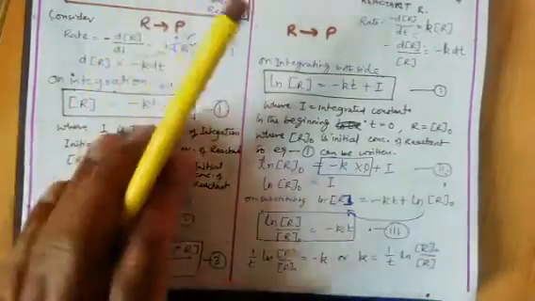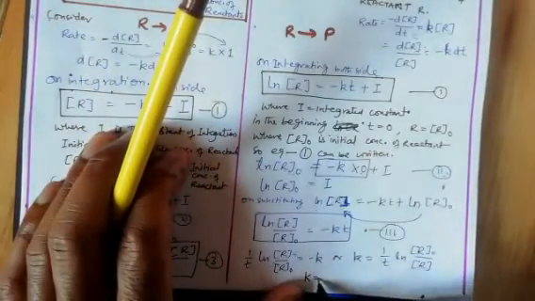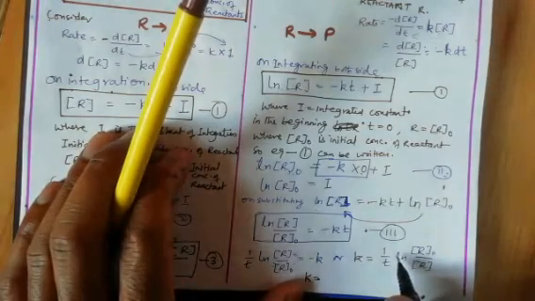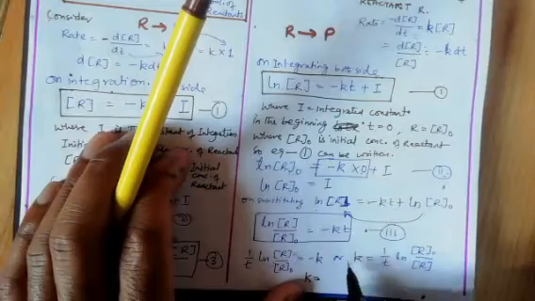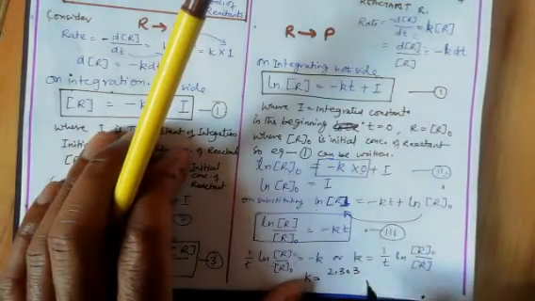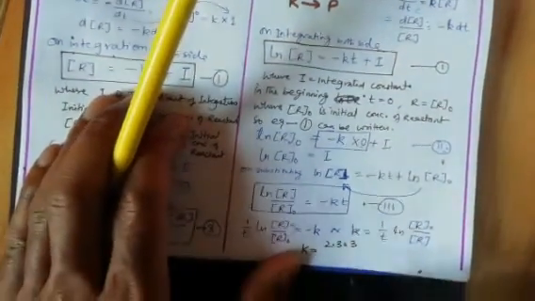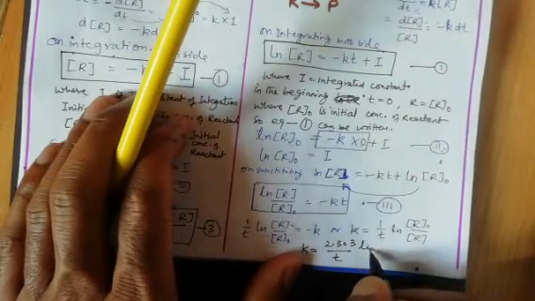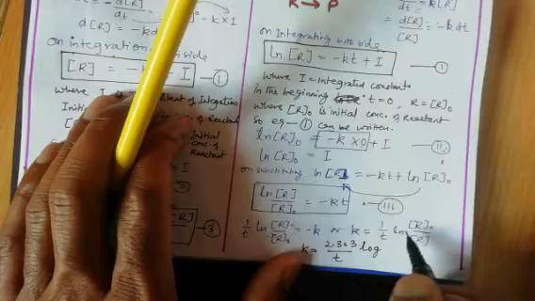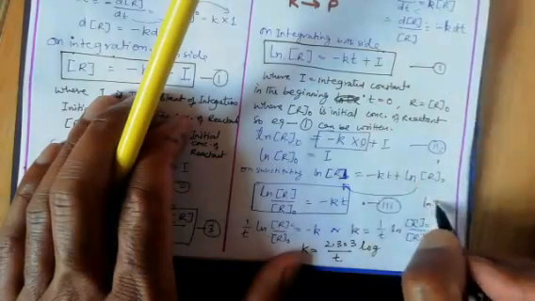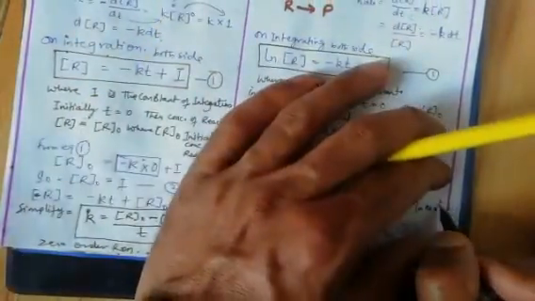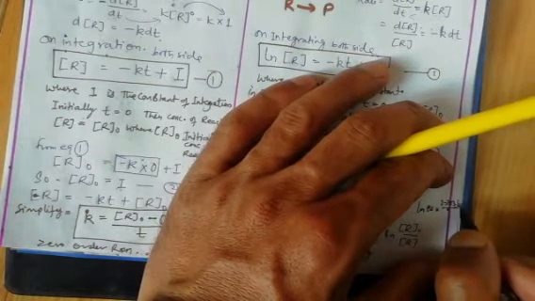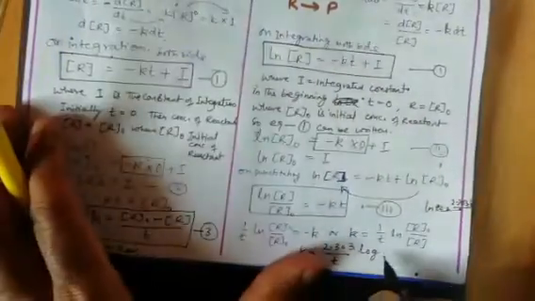Now the value of k: converting natural log to log base 10 gives the factor 2.303. It is universal, so you need to keep it in mind. It means that natural log is equal to 2.303 into log base 10, which we did in electrochemistry also.